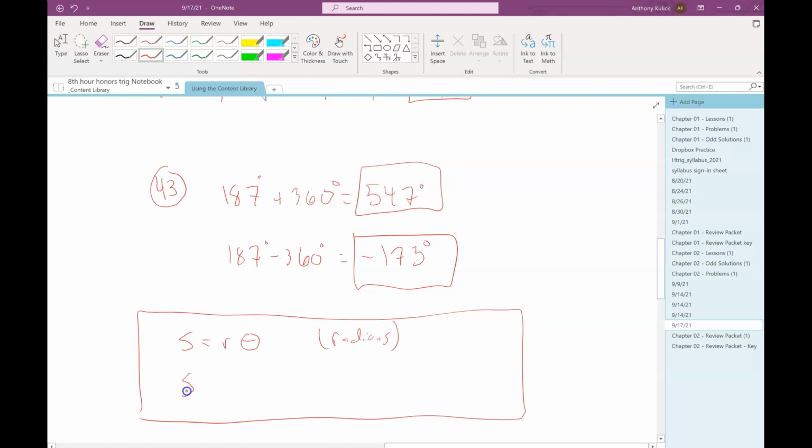Or if you tack on the conversion factor at the end, that'll work if theta's in degrees. So it's the same formula, I've just tacked on the conversion from degrees to radians to the end of it. So either way, you're going to have to translate. Whether you want to do it separately or do it as part of the formula, it doesn't really matter. Okay. Thank you. No problem.